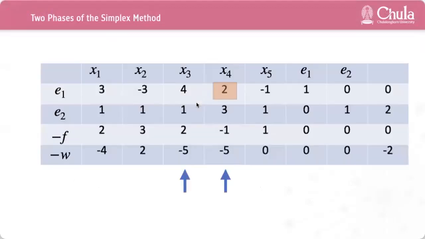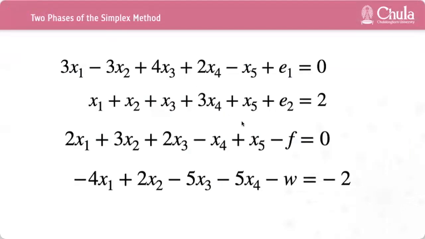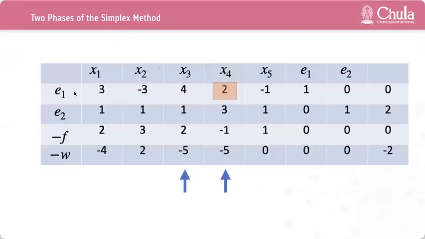And then we write all these in the table. So at phase 1, as I mentioned, we have two phases now. The target of the first phase is not to minimize the objective function, but to minimize W instead.